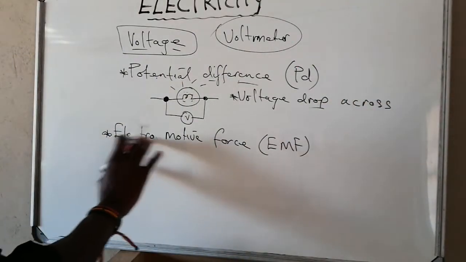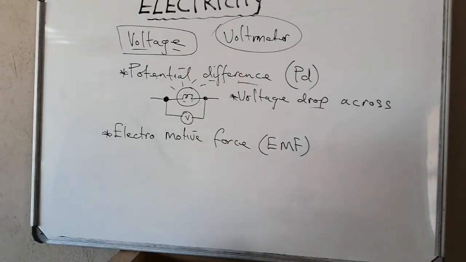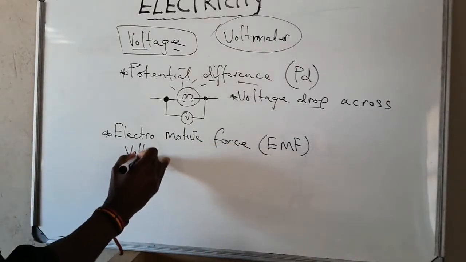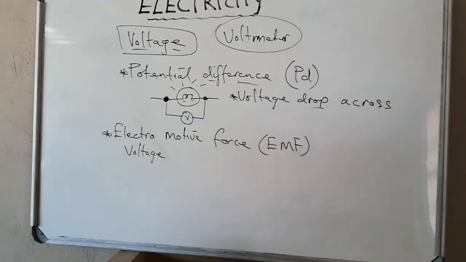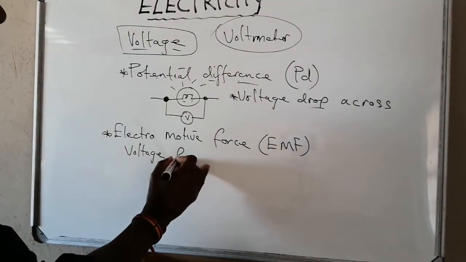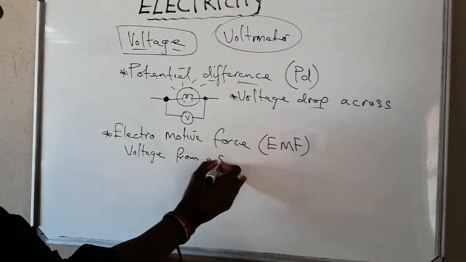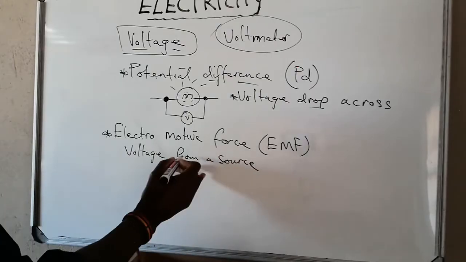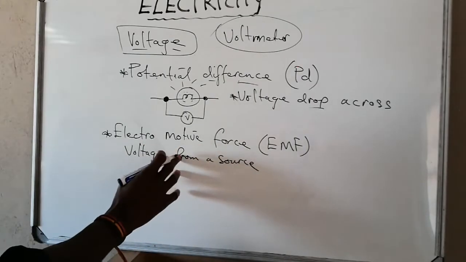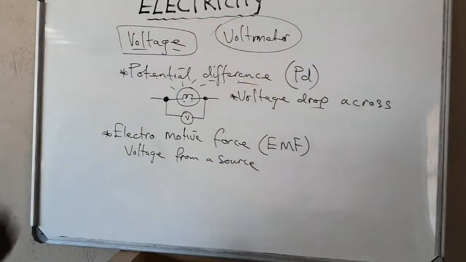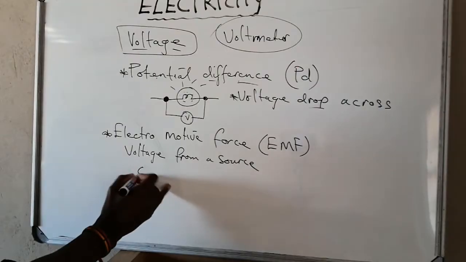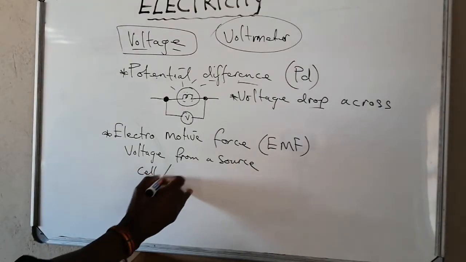Then when it comes to electromotive force, and I'm trying to make this as simple as I can for us to understand, this is the voltage from a source. We know that electricity has to have a source. If we are looking at a circuit, probably a source would be a cell or a battery.